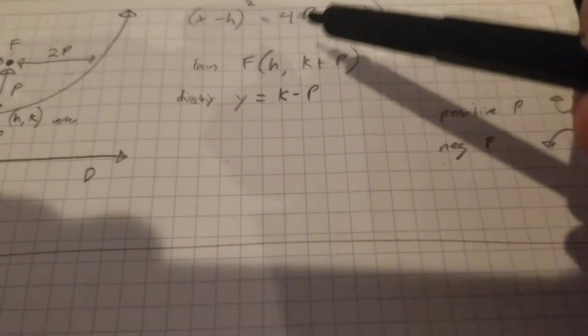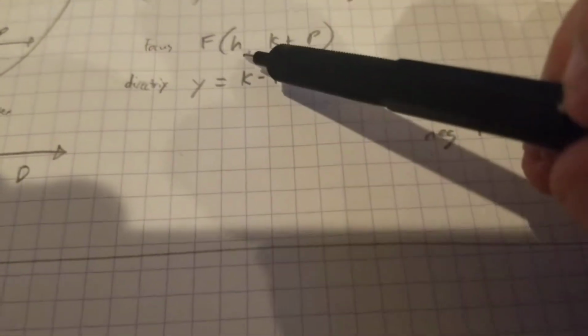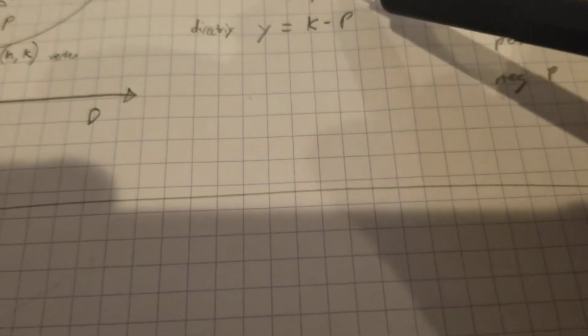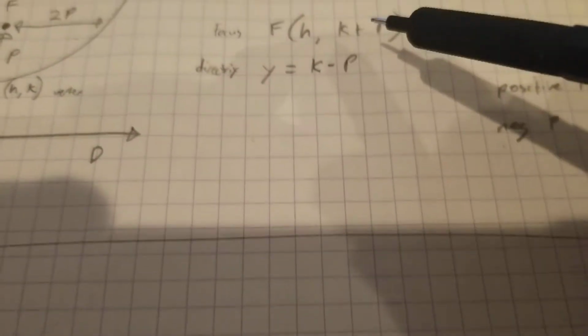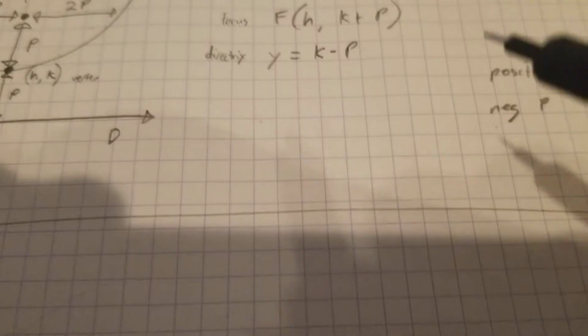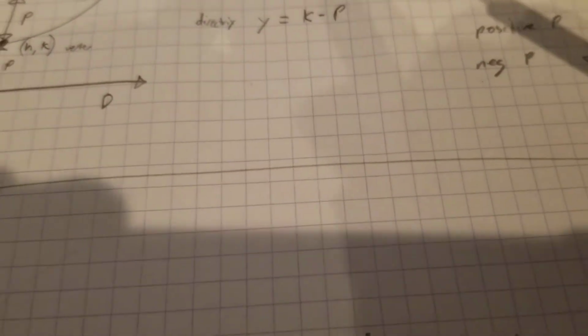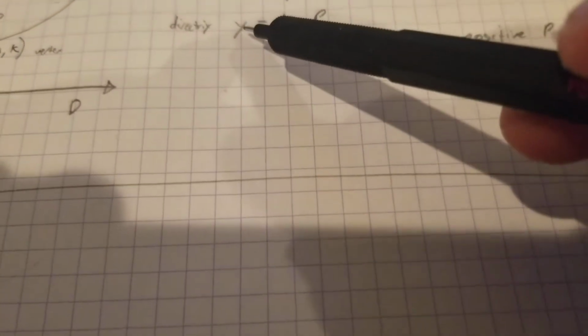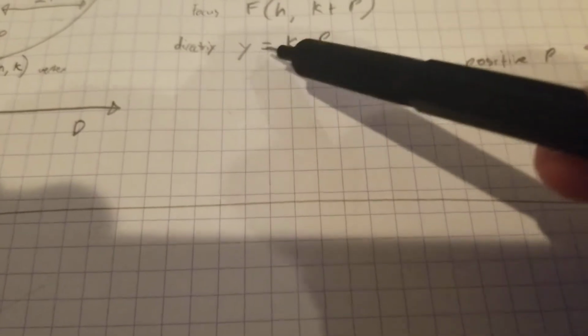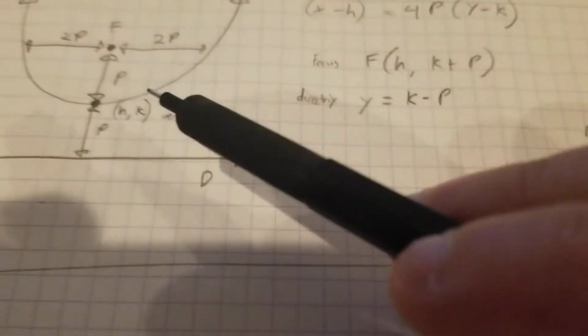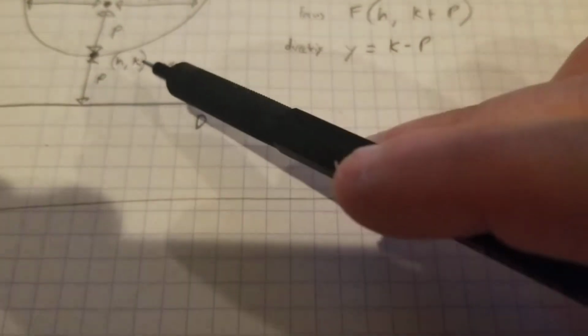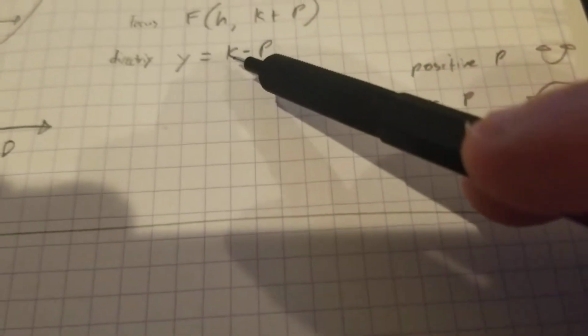And so the graph for your focus is going to be h, that's from your vertex, and then k plus p. It's plus p because we're going up p units. And then the directrix is y equals k minus p, again that's k from h and k, the vertex. It's k minus p because we're going down p units.